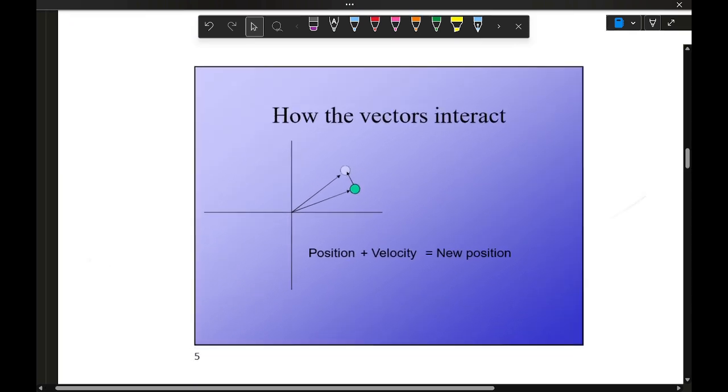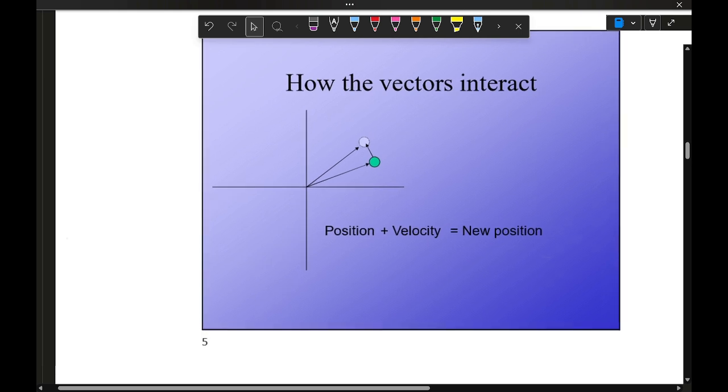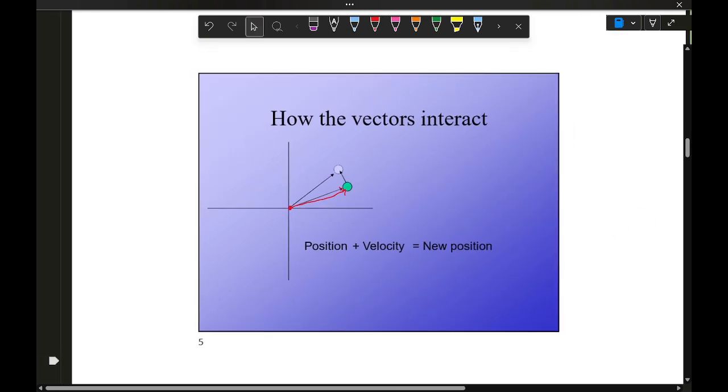So, how do these vectors interact here? We take the position vector, and that is like so that you go from the origin to some position, and then the velocity vector. So over time, that velocity vector gets added to the position vector to get this new position vector. And just over time, this will happen more and more as the particle moves.